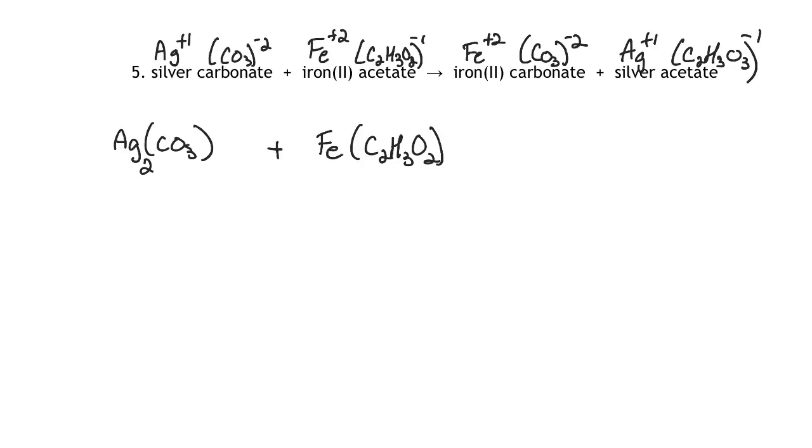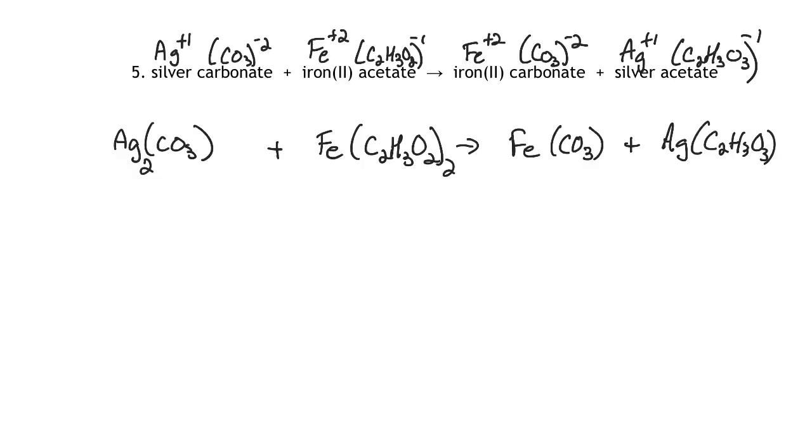I forgot to write those things down. I'm going to need 2 of those to balance it off, and only 1 of the iron. These are going to balance off just the way they are, a -2 and a +2. And my silver and acetate charges are also going to balance. There we go.